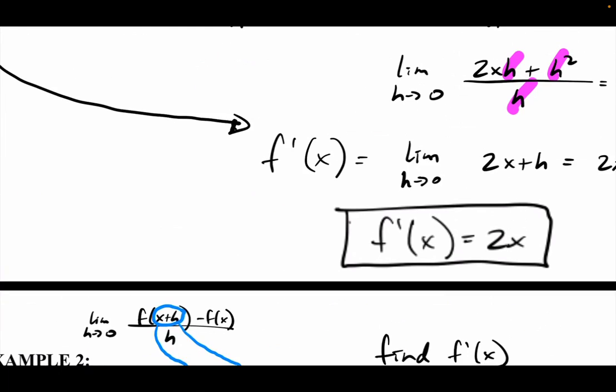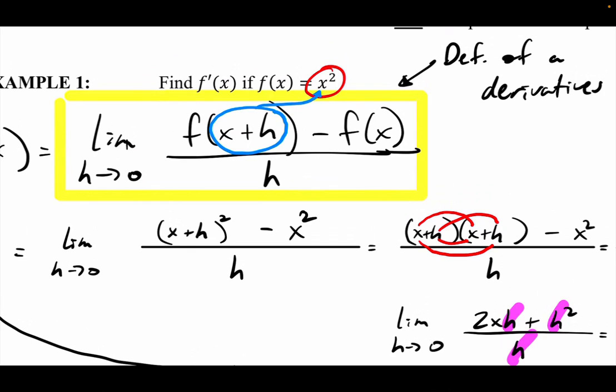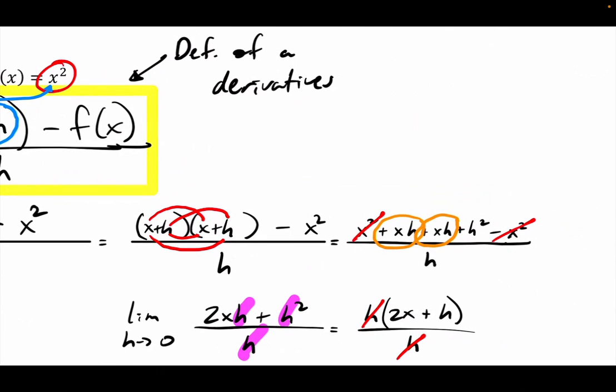Foil, right? That's what I'm going to do. Do I have to do it though? Won't I get the same answer? Yeah. What did I get when I did that? I got x squared plus xh plus xh plus h squared.